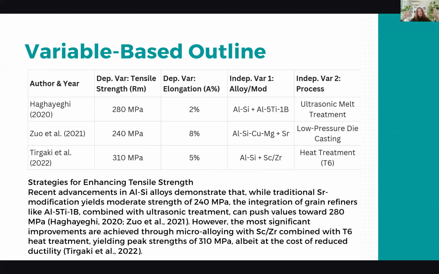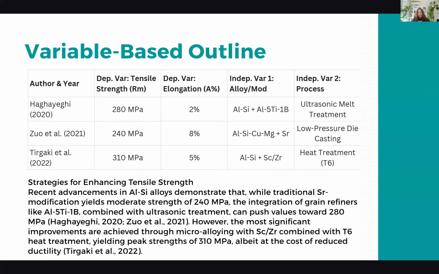That's what a literature review is all about. So it's not just about repeating what you read in a reference or an article, a book, anywhere else. Instead, it's combining data from different sources to come up with something of your own. So this is how variable-based outlines work.